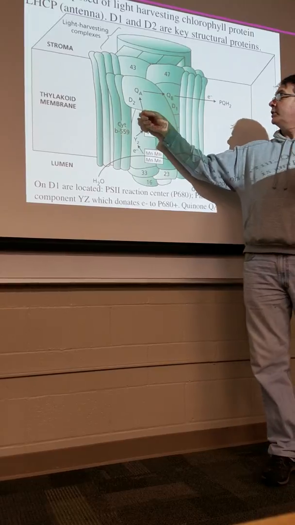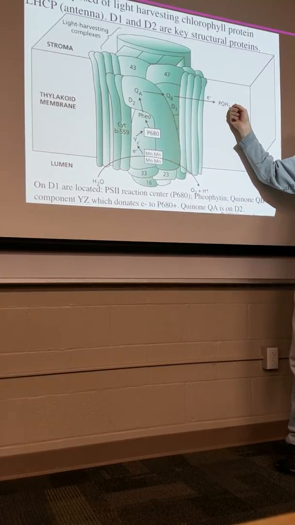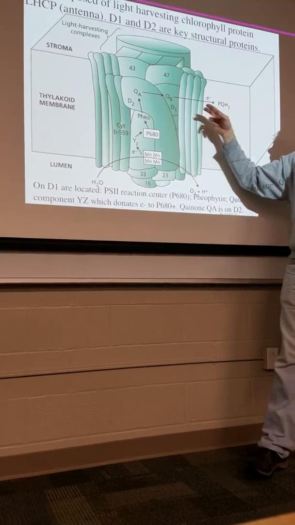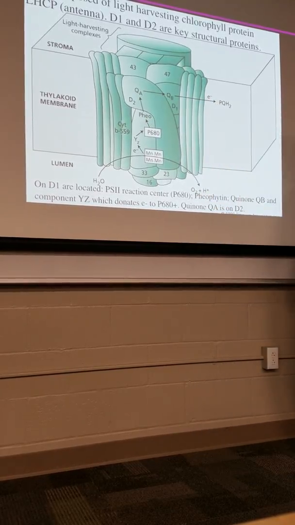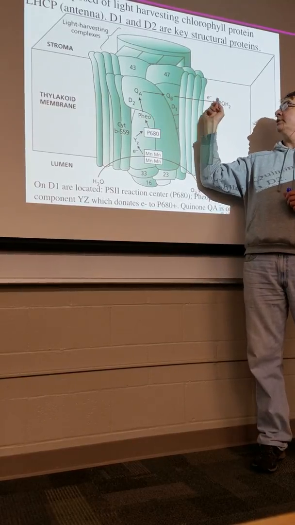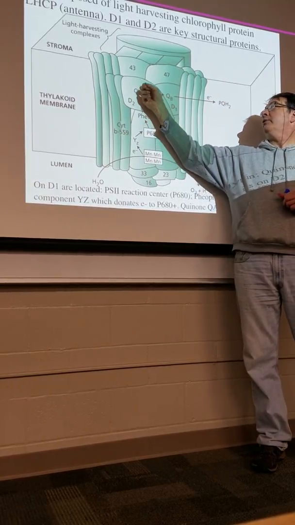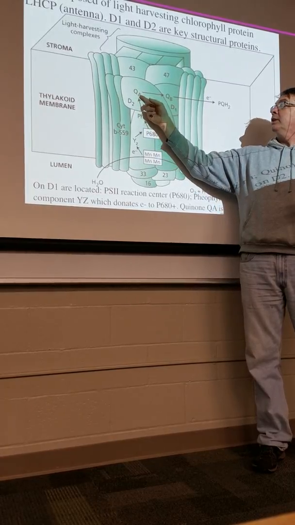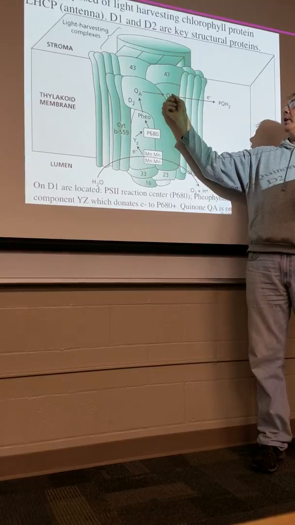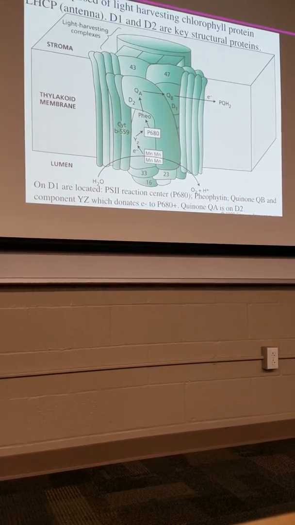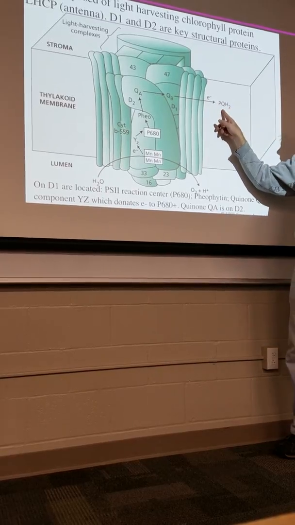And so before plastoquinone leaves PS2, it's going to accept 2 electrons, and we call these 2 states, if it's accepted no electrons, it's QA, 1 electron is QB, and then 2 electrons is plastoquinone in this state.